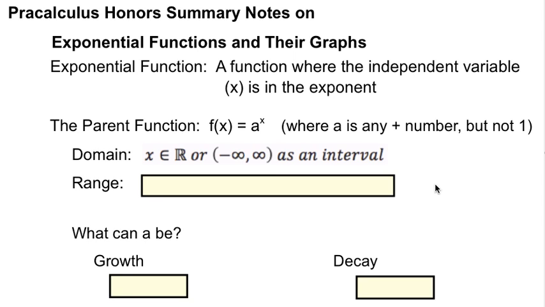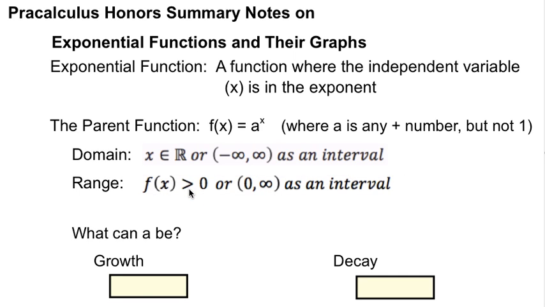So now we can look at the range of our function. Because our function will be getting smaller and smaller in magnitude while still remaining positive, we would say that our range is that the value of the function will always have to be greater than 0.